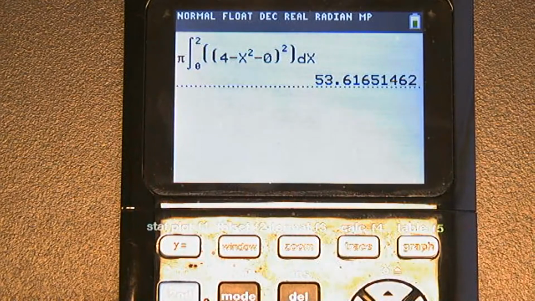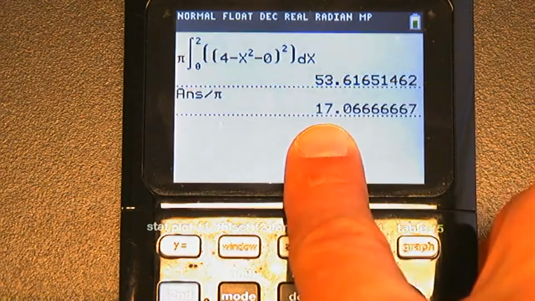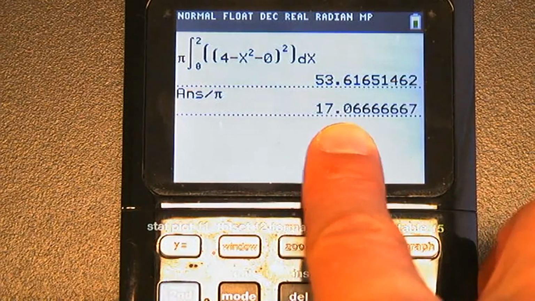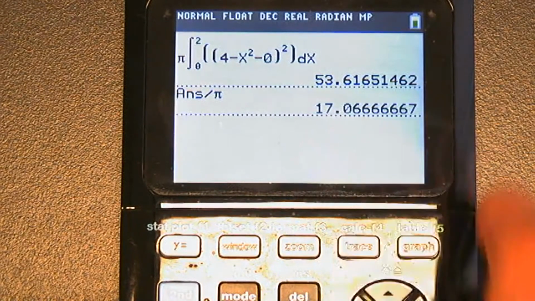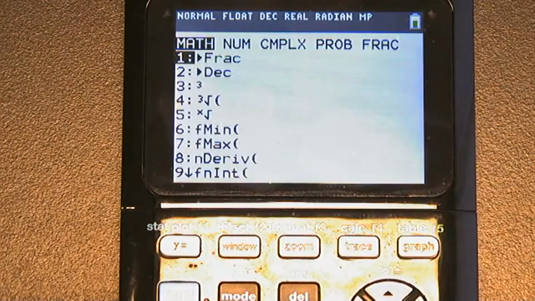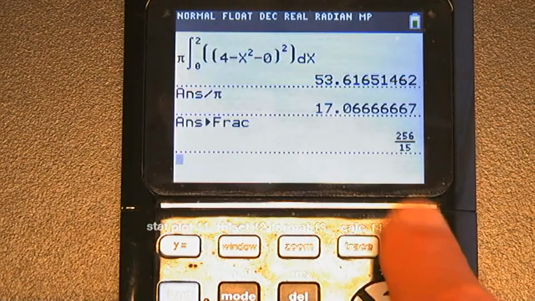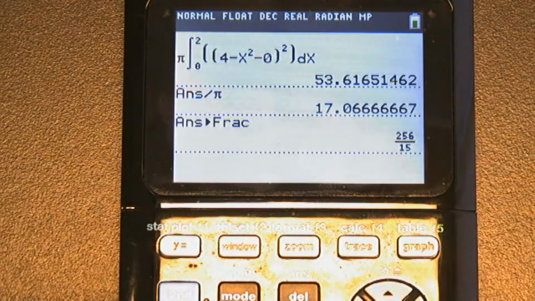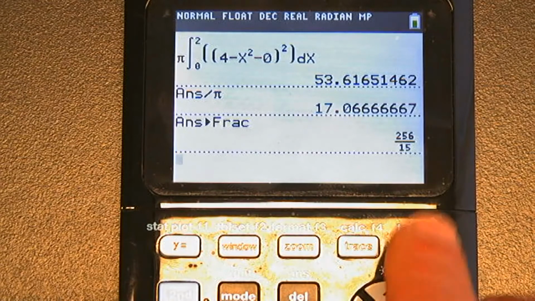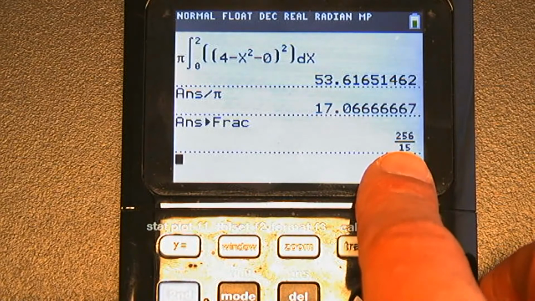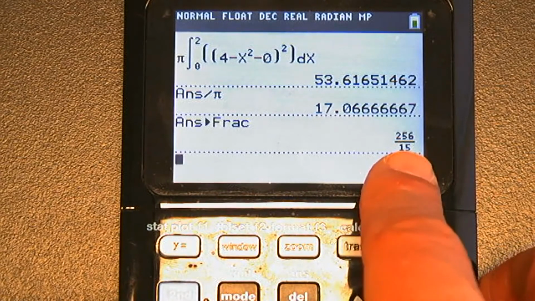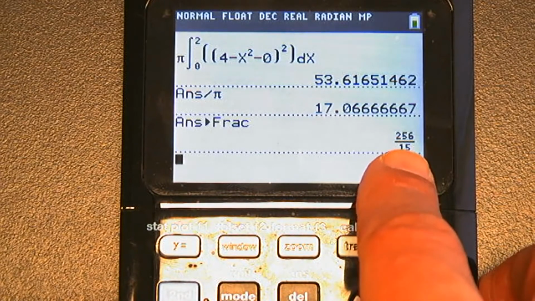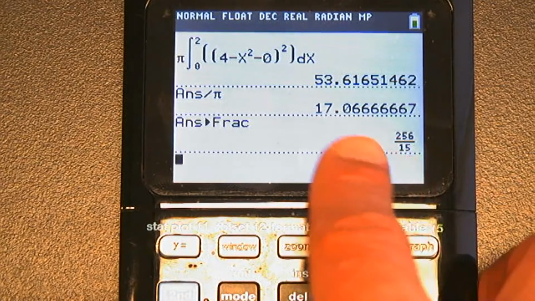So you can simply divide your answer by pi, and notice that's 17.06. That's going to be 17 and 1/15. All right, I had it come up as an improper fraction, but it's 17 and 1/15, or 256 over 15 pi.